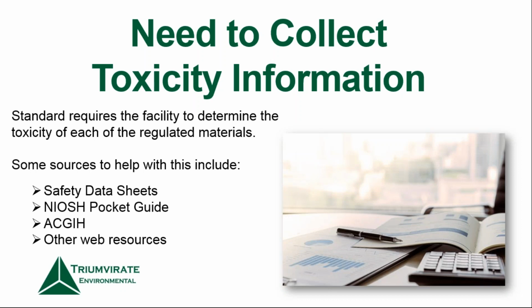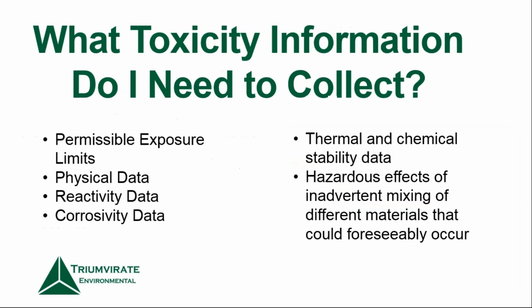And then figuring out what you need to do to ensure that nothing really bad happens down the road. So what type of information do you have to collect on all of these chemicals? Again, I want to stress, these are for your regulated chemicals. If you find out that you have more than one regulated chemical, then you want to do this.